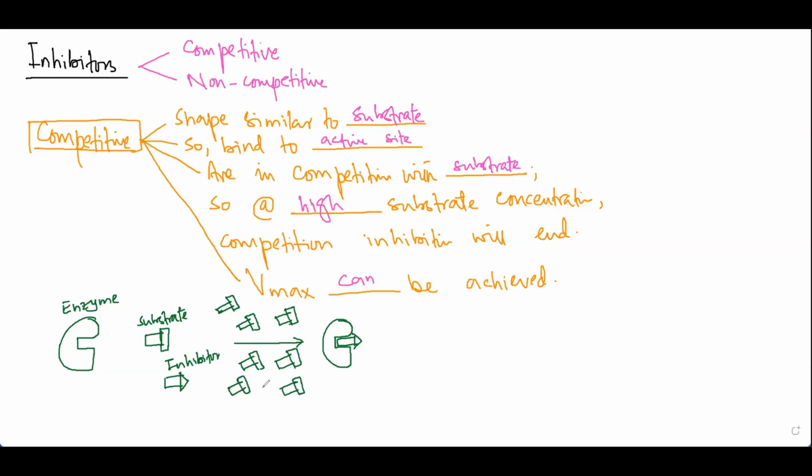When all the enzymes are busy with substrate, this is called Vmax. Vmax is when all the available active sites are busy with substrate. So when you provide so many substrate molecules, the inhibitor has very little chance to bind. So we said that Vmax can be achieved. Did you get it, beta? Does everything make sense, beta?